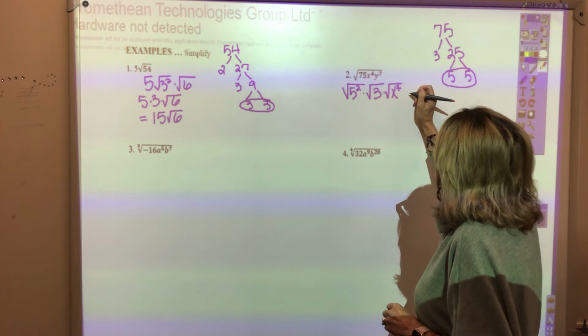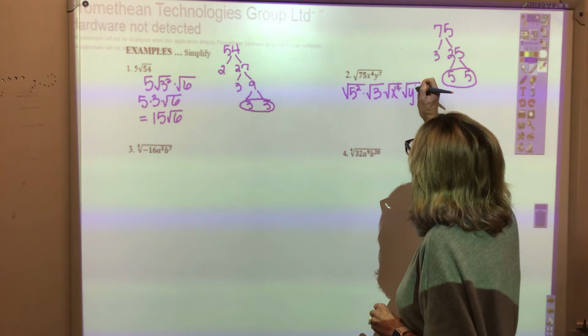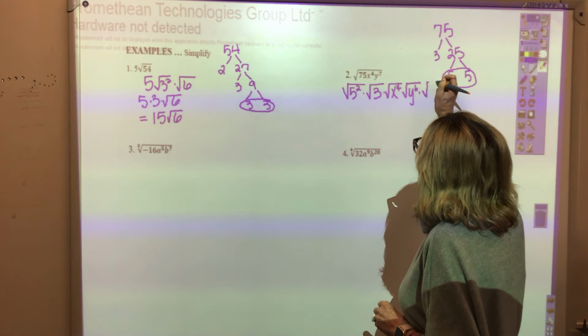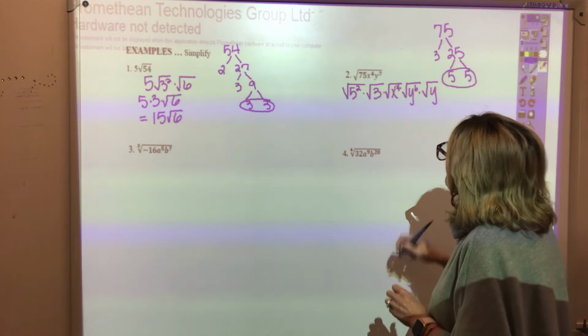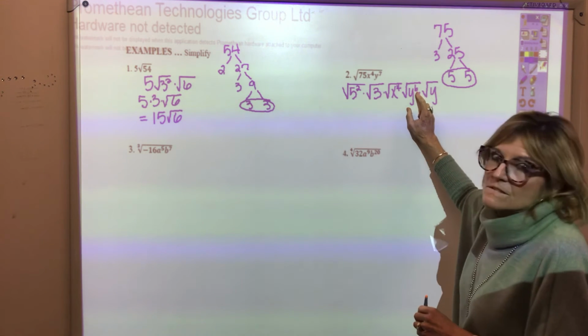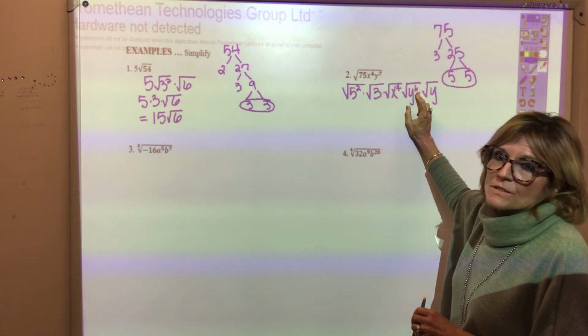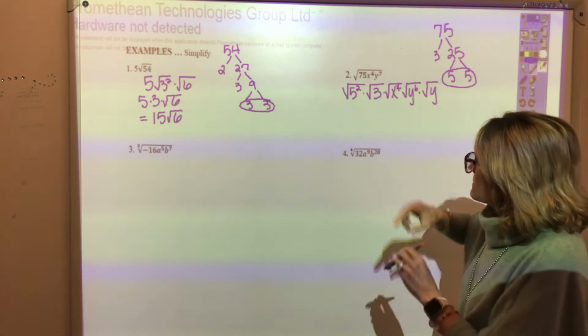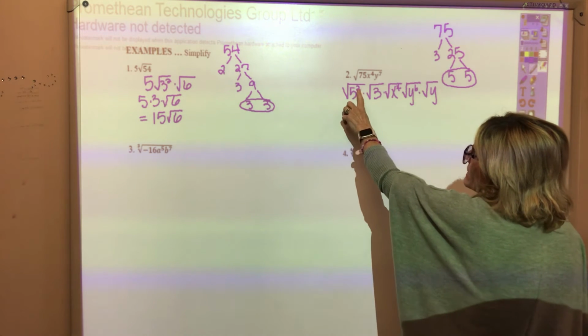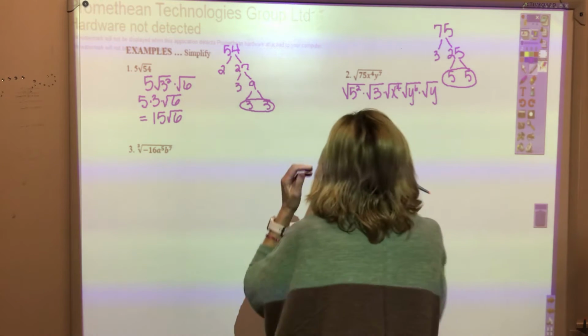Y to the 7th, though, I'm going to rewrite as the square root of y to the 6th times the square root of y. That is the square root of y to the 7th, but this is the largest even number that we can pull out because we're dividing by 2. So when we divide by 2 here, that gets rid of our radical and would leave us with a 5.